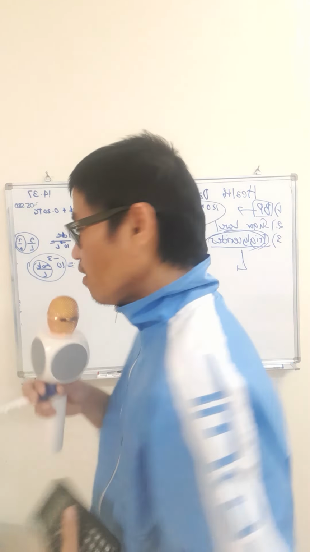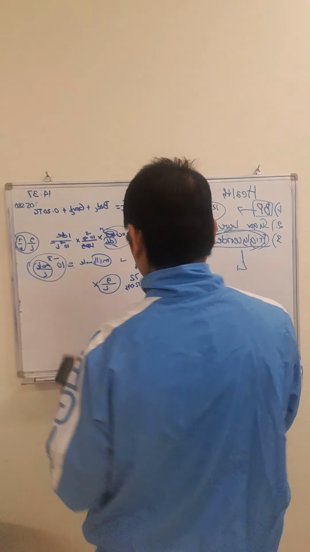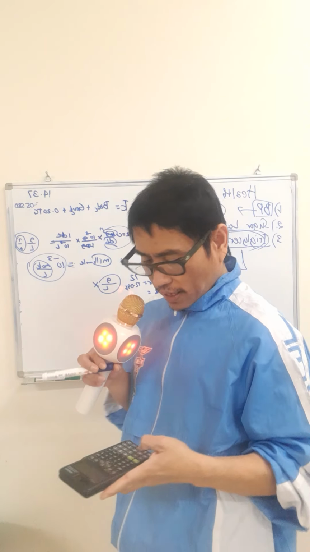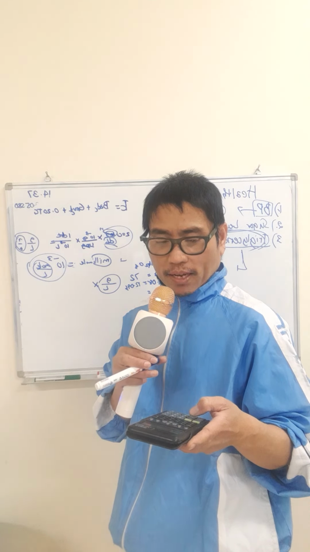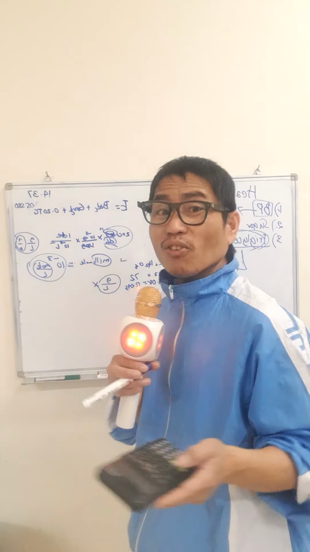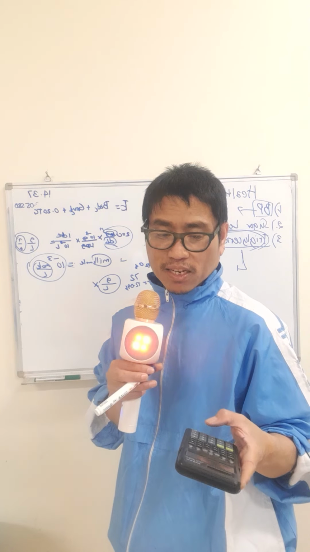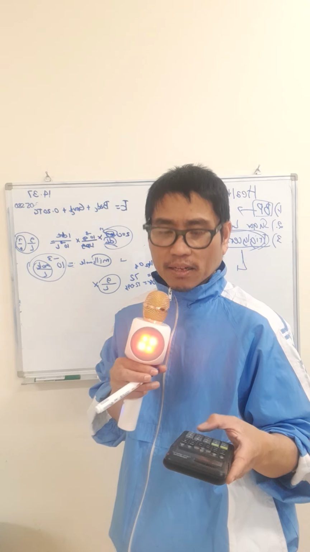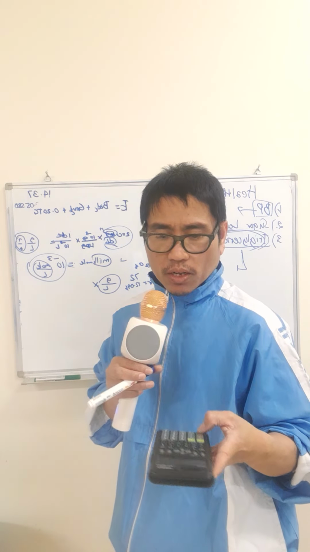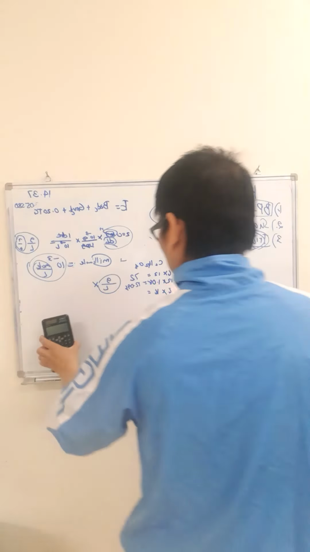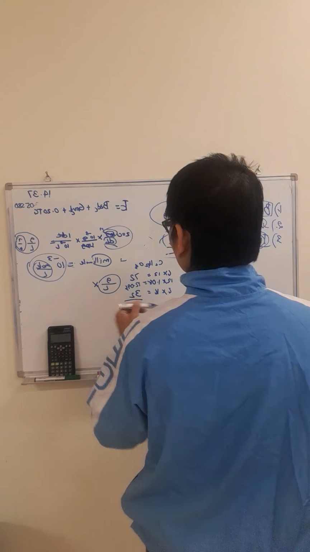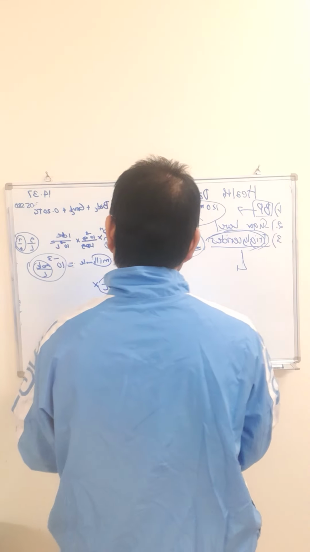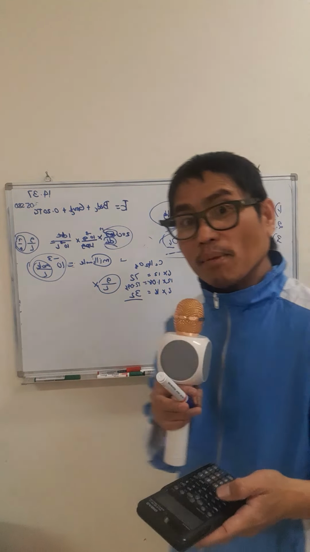So 2 times 16 is 32. If you're taking up chemical engineering, you'll be left speechless if you don't start to memorize. So 32.